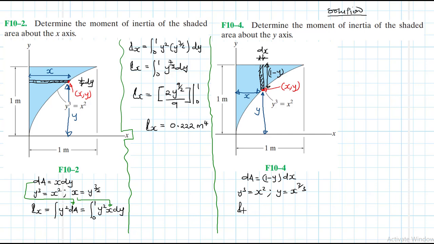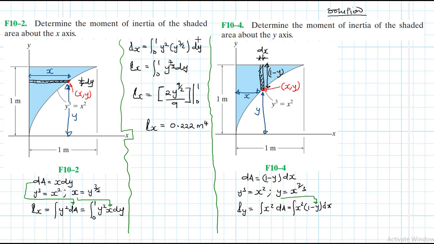Then moment of inertia about the y-axis is equal to integral of x squared dA, which is equal to integral of x squared. Our dA we said is just 1 minus y dx. So we need to replace our y here.